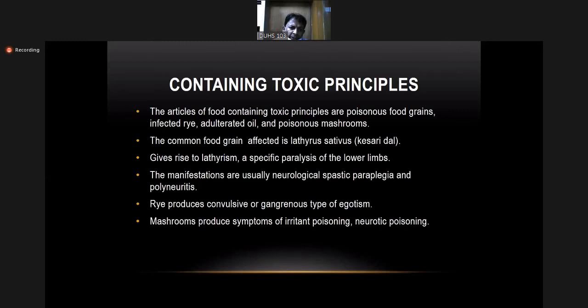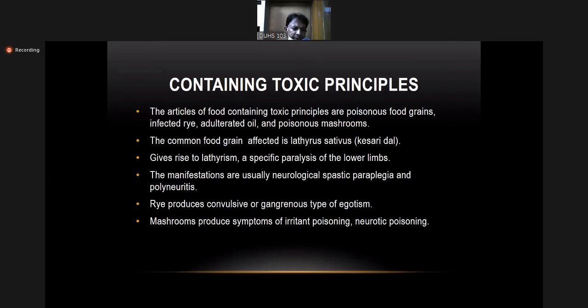Articles of food containing toxic principles are poisonous food grains, infected rye, adulterated oil, and poisonous mushrooms. These foods may themselves cause poisoning; there is no bacterial role in the poisoning. The common food grain affected is Lathyrus sativus, kesari dal, which is very dangerous.